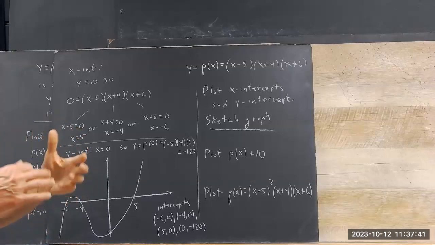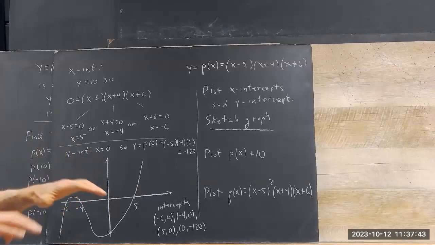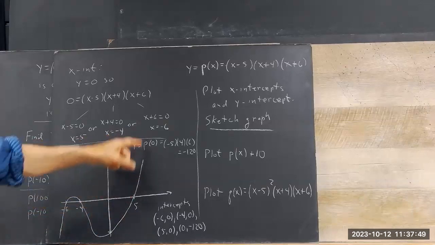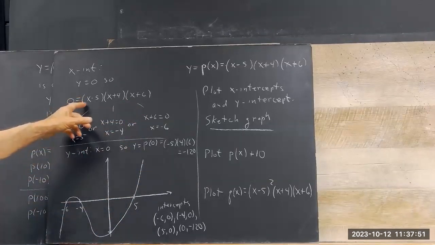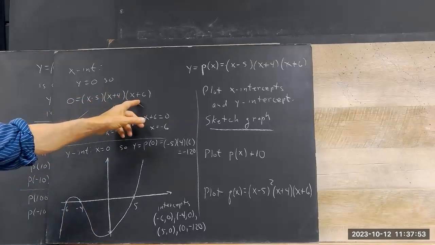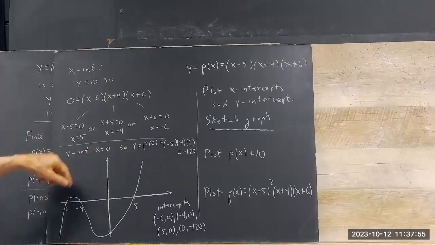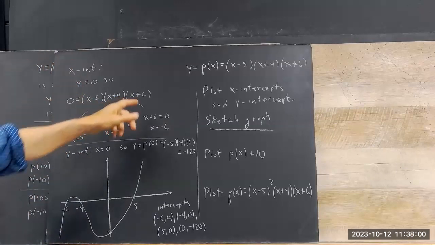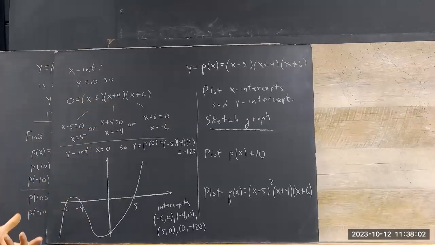Just the way the Earth has curvature, but when you look at the horizon, it looks flat. Okay, so we sketch our graph. We know we have to go up on this side, because when x is a huge positive number, we have 3 huge positive numbers here. We know it goes down on this side, because if x is a negative number, that's going to give us 3 huge negative numbers. Okay.